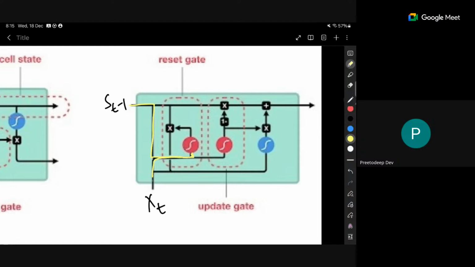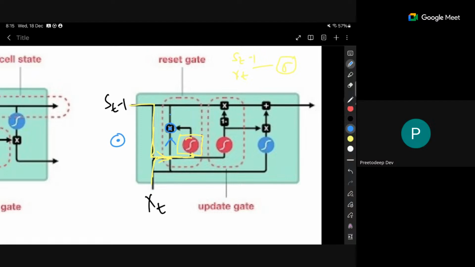So these two inputs are going into the sigmoid: ST minus 1 and XT both go into this first sigmoid. One is from here, and then XT is going there. It will have element-wise multiplication. Then you get some output.